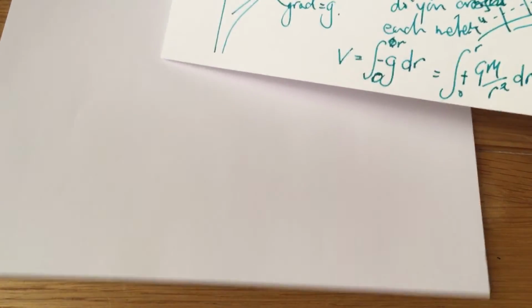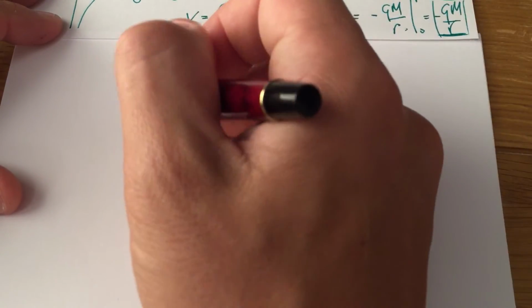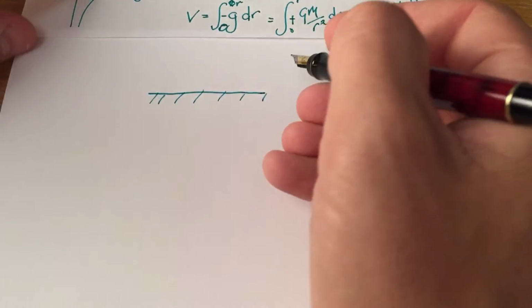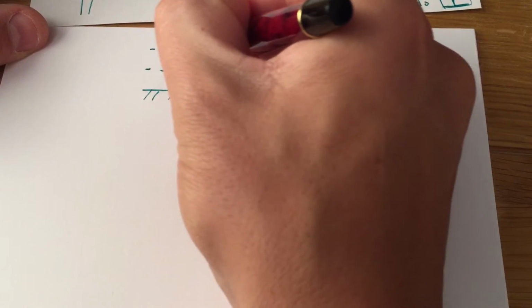Good. Let me just show you that this does hold true for a uniform field. With a uniform field, we would have equipotentials that would be equal distance.